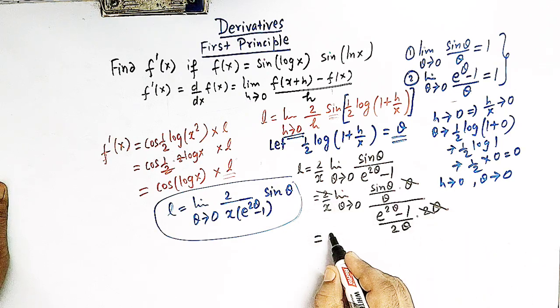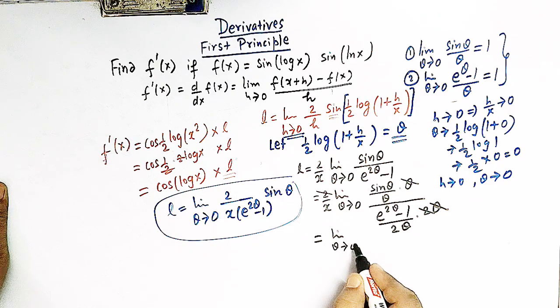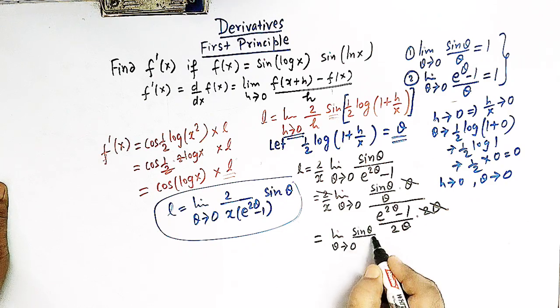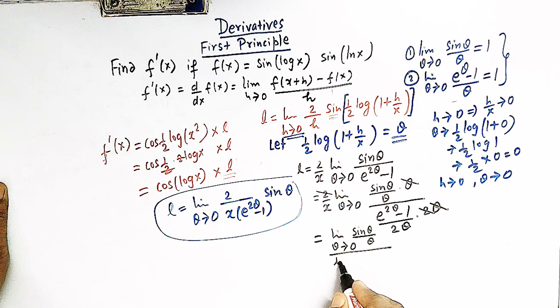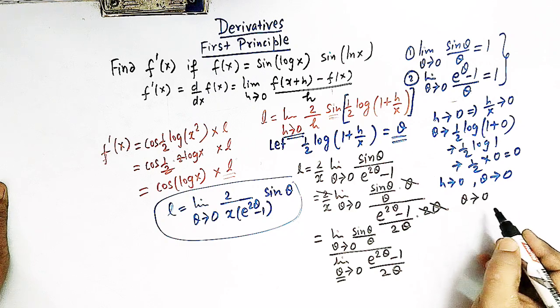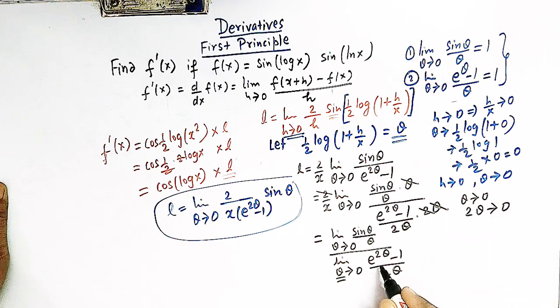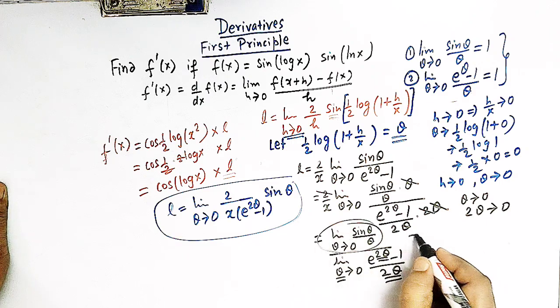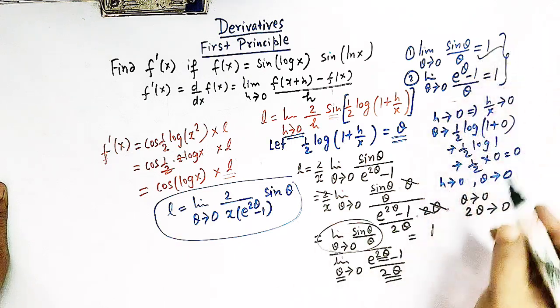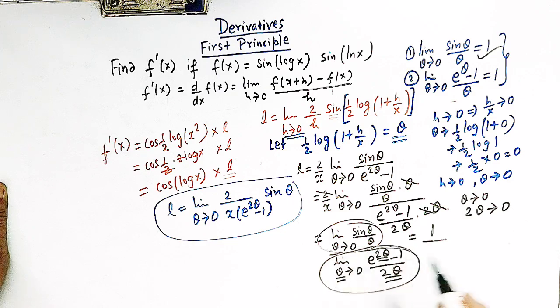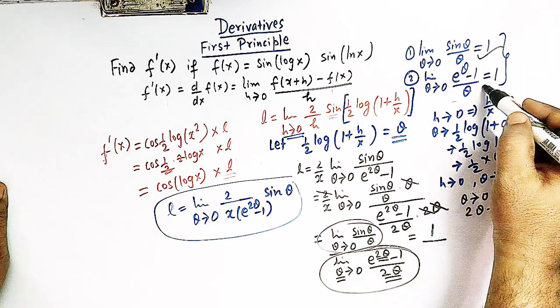and we have limit theta tends to 0, sine theta over theta divided by limit theta tends to 0, e raised to 2 theta minus 1 over 2 theta, right? So when theta tends to 0, then 2 theta also tends to 0, right? Here we have 2 theta. So now this limit is equal to 1 due to this result, and this limit is also equal to 1 due to this result.